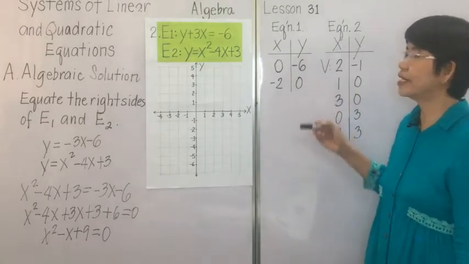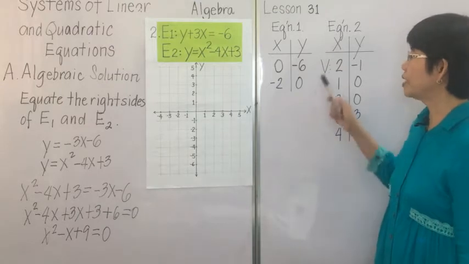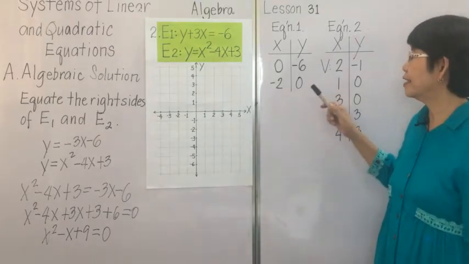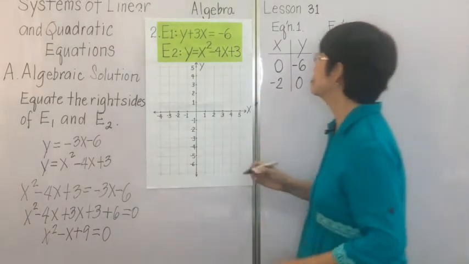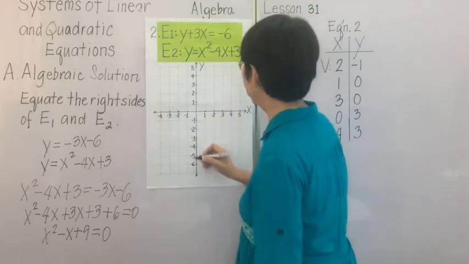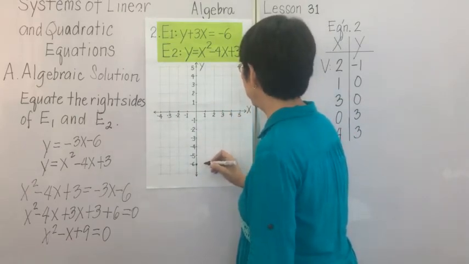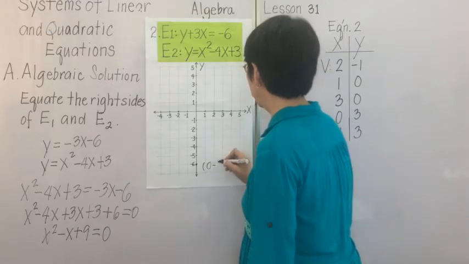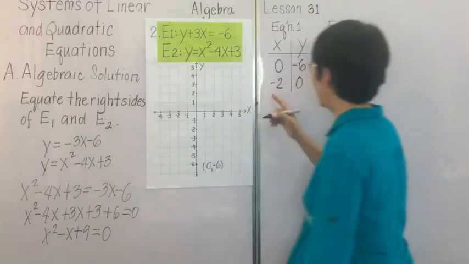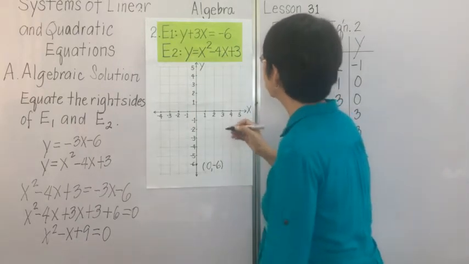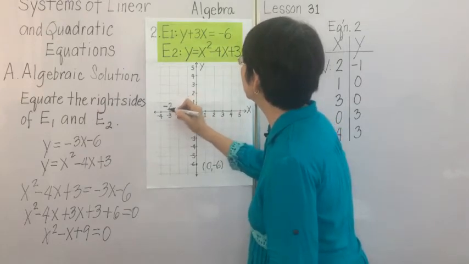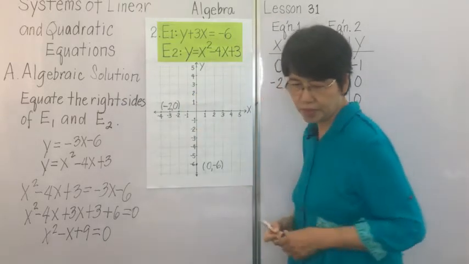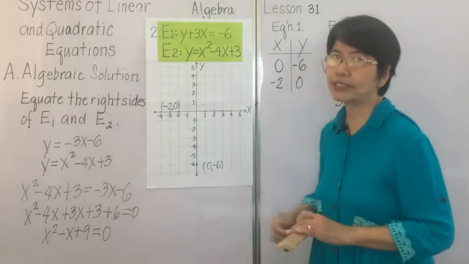So for equation 1, we have the y-intercept at x equals 0 and x-intercept at y equals 0. (0, negative 6) and (negative 2, 0). So we will connect these 2 points.